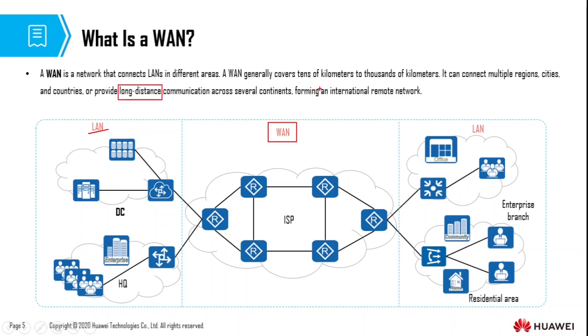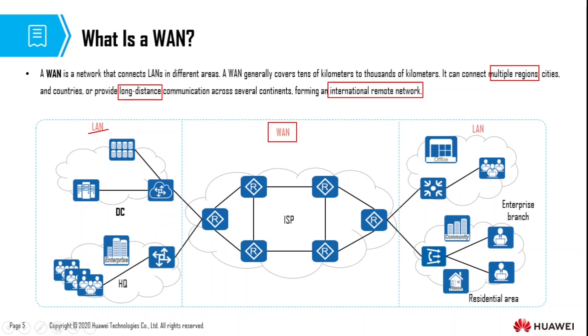They cover large geographical areas. Sometimes they can even be international. They connect multiple regions like cities or countries. So that is what we call a WAN, a wide area network.